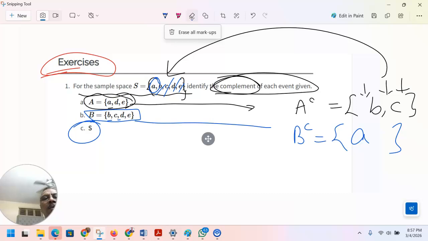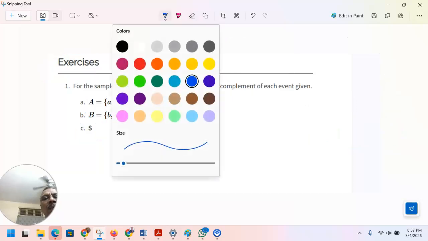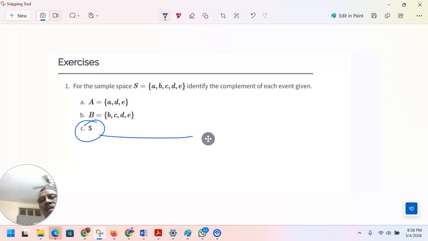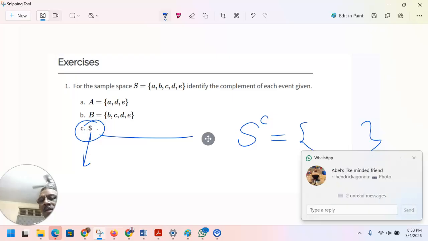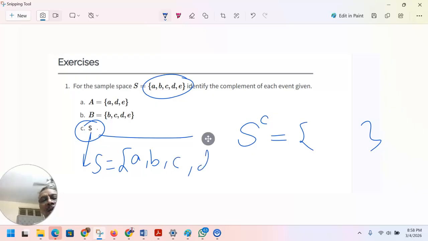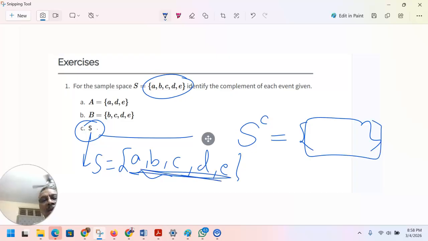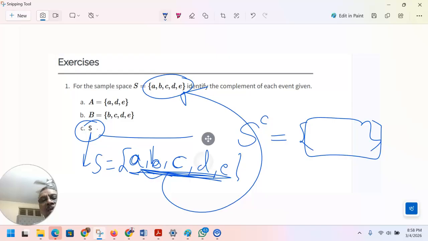And the last one is, what is the complement of this? That means you have to write something. S basically means, when you say S, it's all of this, right? It is A, B, C, D, E. So from this, other than this, you can see which outcomes from here are missing here.